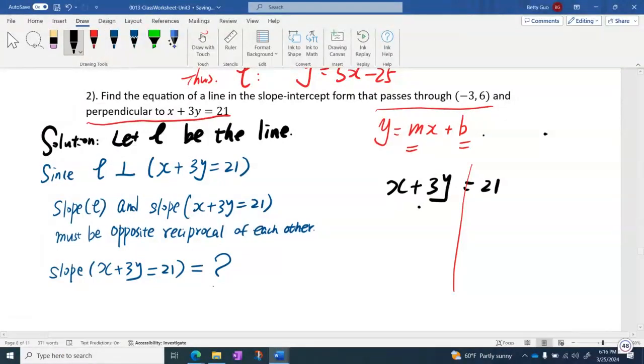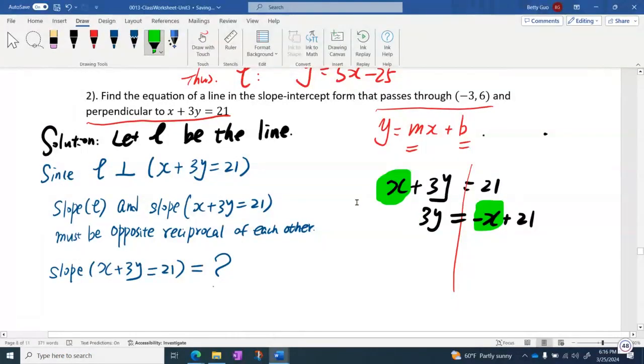Then we should have 3y equals negative x plus 21. What happened here is I moved the term x from the left side to the right side, so the sign flipped. It was positive on the left side and it became negative on the right side.